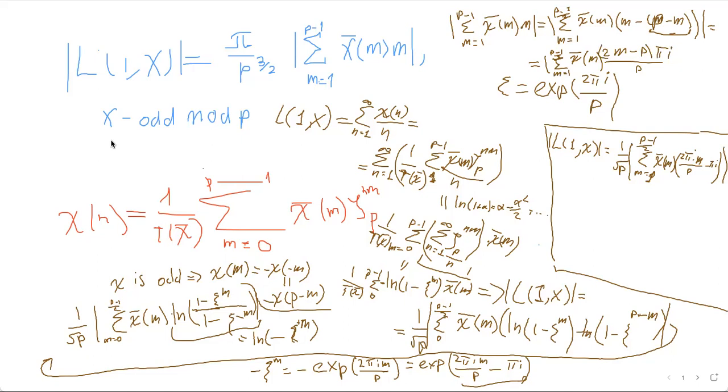Multiplied by this. Oh, we are talking about absolute values, so of course not this i, but without this i.